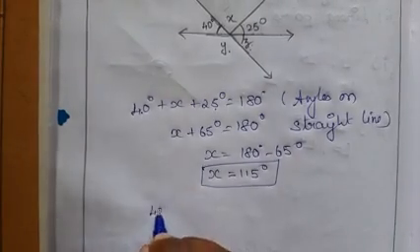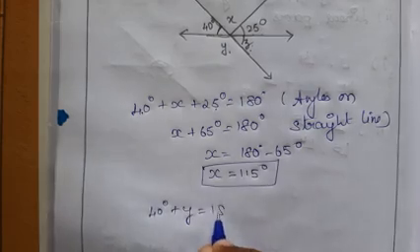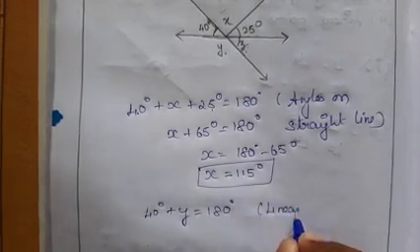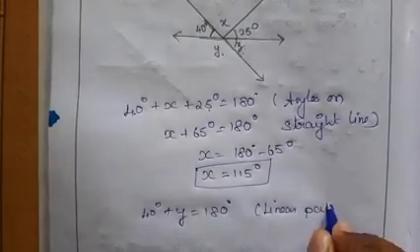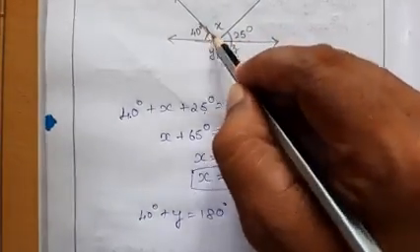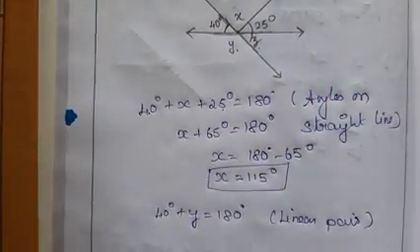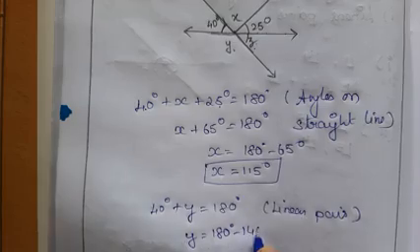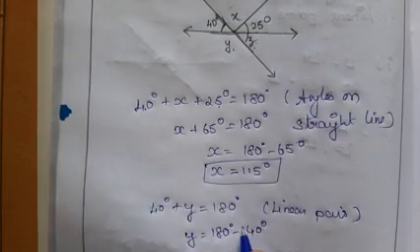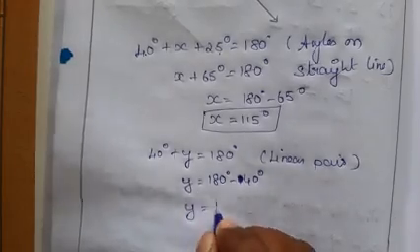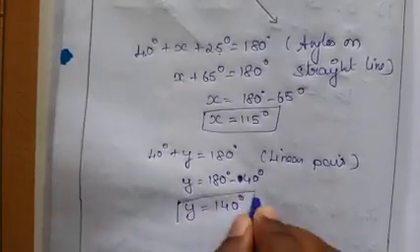So 40 degrees plus y is equal to 180 degrees, since it is a linear pair. Clear? It's just opposite arms, common vertex and common ray, and we know that if we add, we will be getting 180 degrees. So y is equal to 180 degrees minus 40 degrees. If you subtract, we will be getting 140 degrees. Y is equal to 140 degrees.